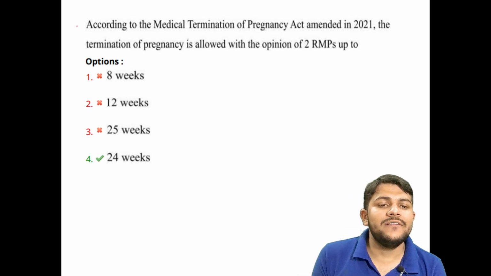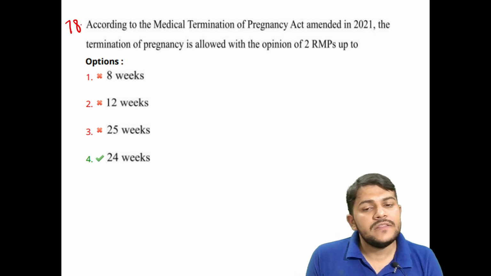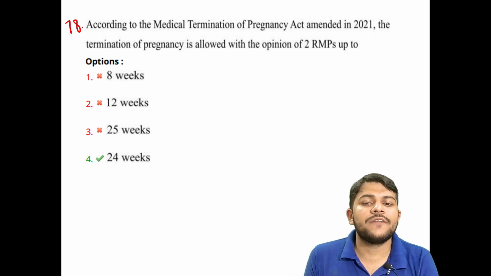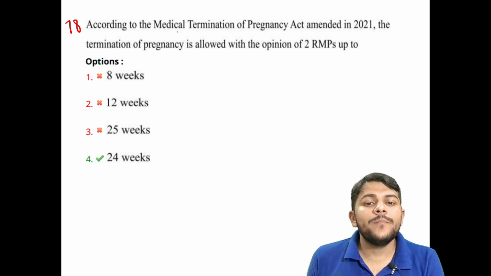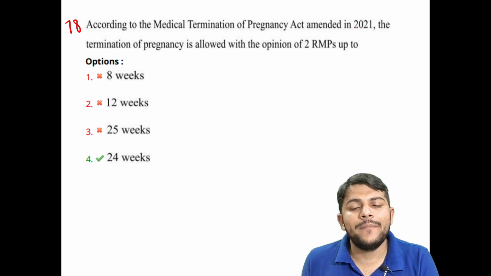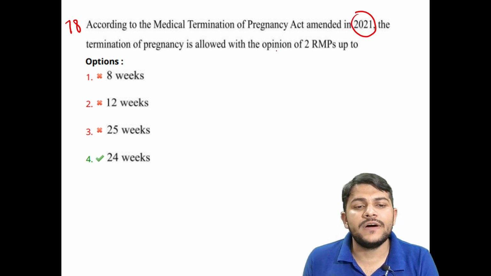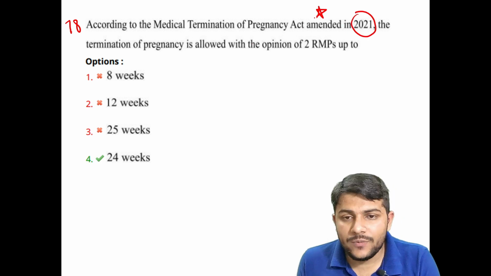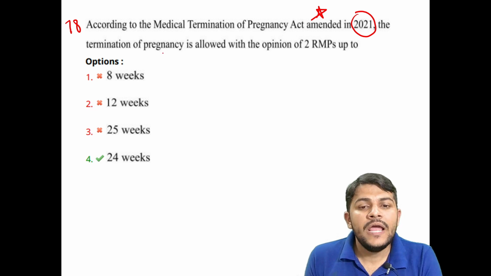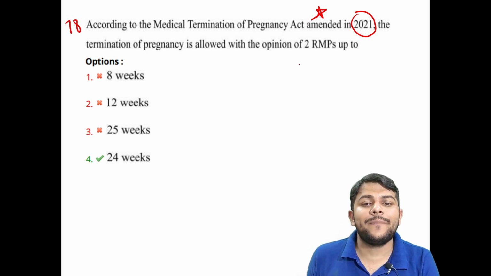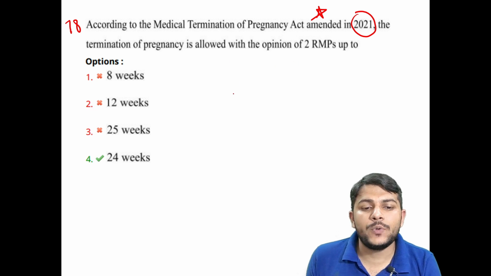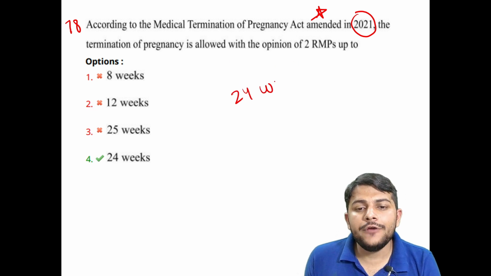After 77 we have question number 78. These upcoming questions are from the jurisprudence chapter. The Medical Termination of Pregnancy Act amendment in 2021. The last amendment, according to my knowledge, is in the year 2021, and they are allowing that two registered medical practitioners can terminate the pregnancy up to 24 weeks.